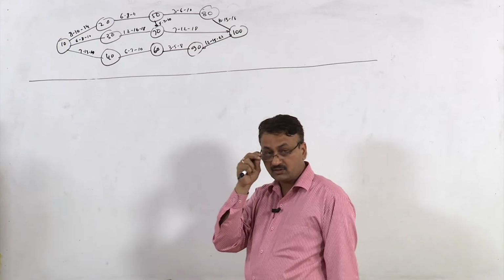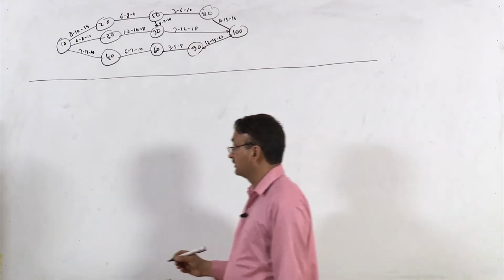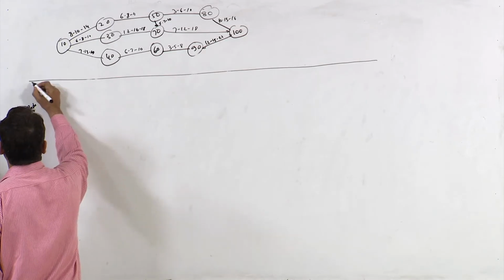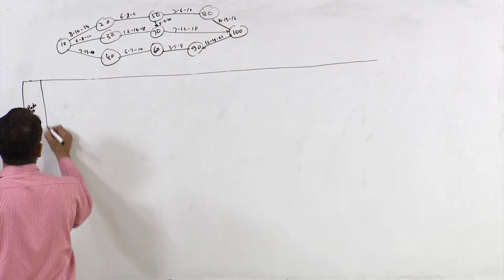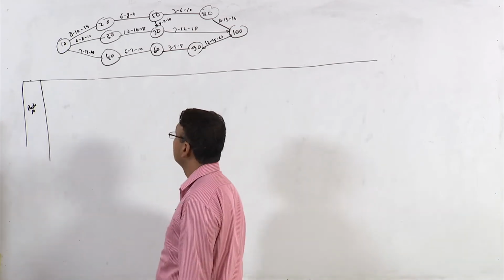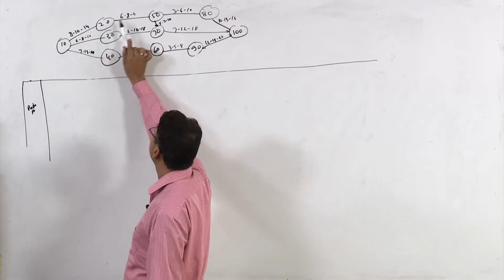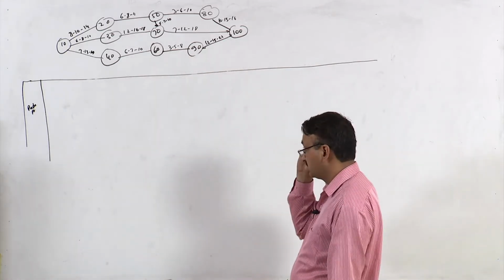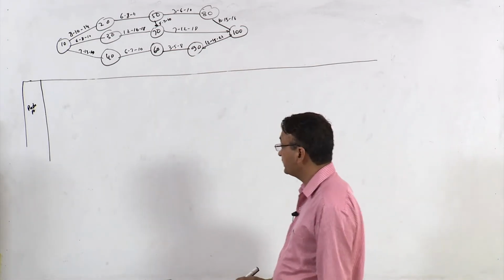Let us call this path A. Then you have path B, 10, 20, 50, 70 and 100.